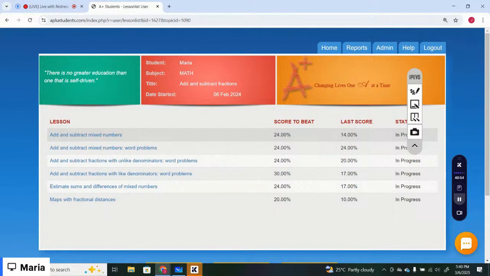The lessons we have covered today are add and subtract mixed numbers, word problems, add and subtract fractions with unlike denominators, word problems, add and subtract fractions with like denominators, word problems, and estimate sums and differences of mixed numbers. So please make sure before the next session, you complete all the practice questions for the lessons we just did. That is your homework until the next session.